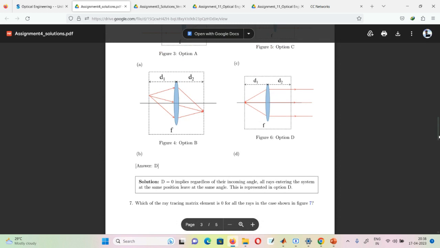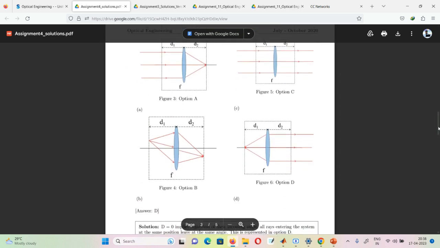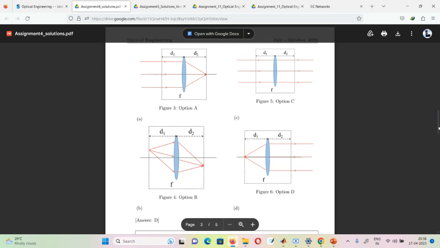For arriving at this one, you have to reach those different matrices. So this will be a little bit involved thing.